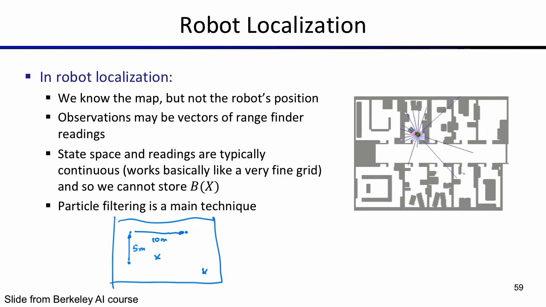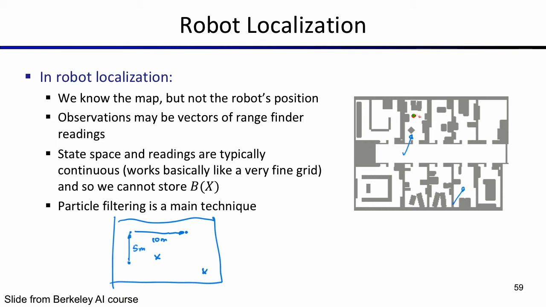This happens because the map is symmetric. But as the robot enters this room, we can see that because of the difference between this room and the other one, so for instance, we have this table over here that we don't have here, you can figure out where it is.